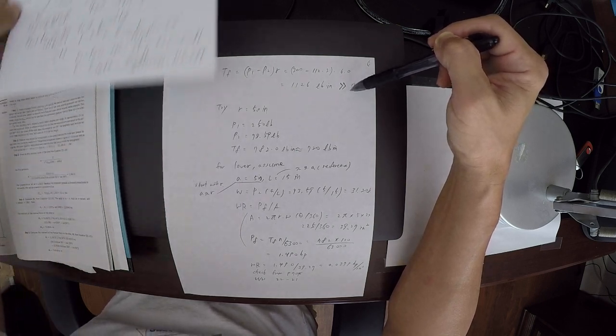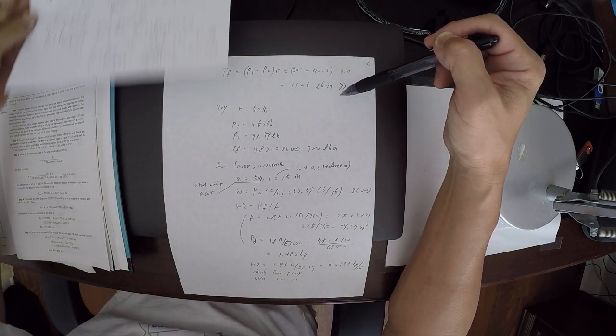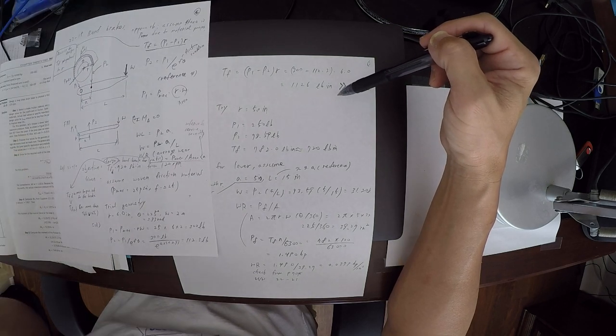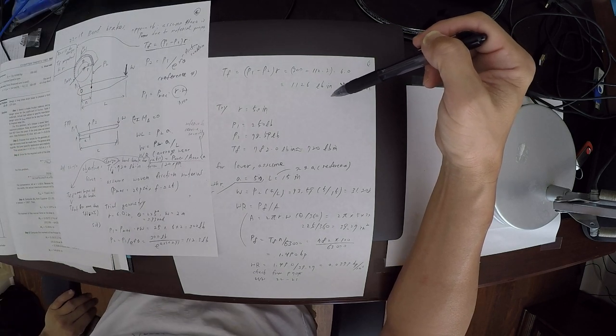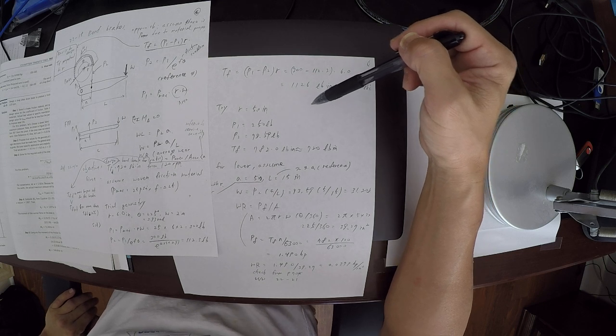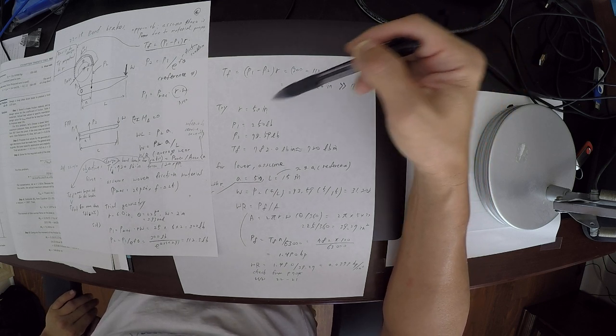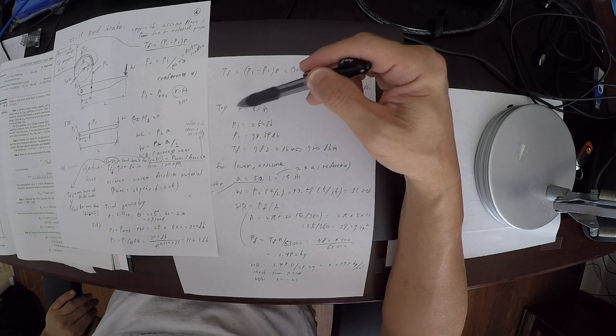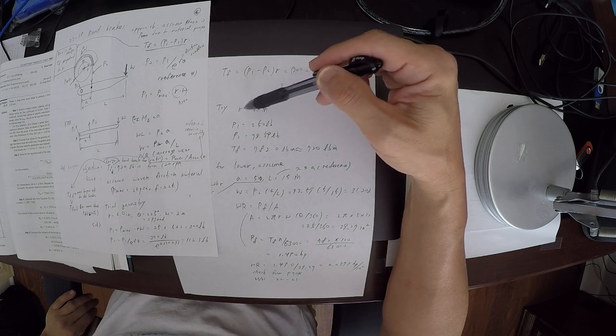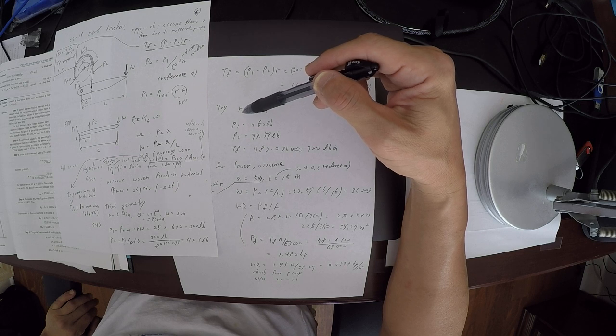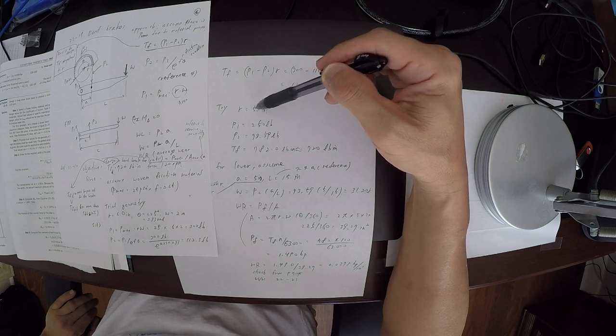If you think about it, you probably have to somehow increase the friction. That means we actually change the R, the radius of the drum, to 5 inch.